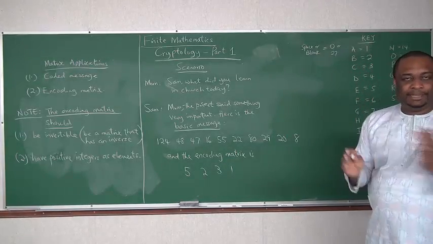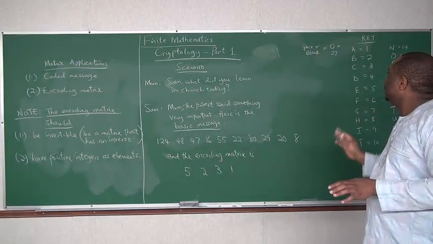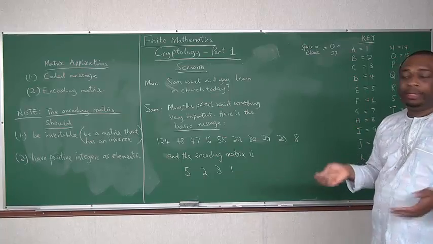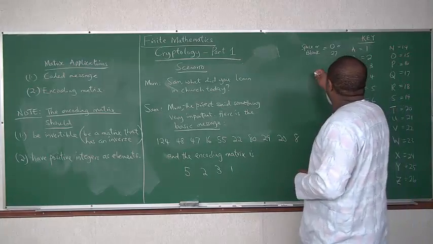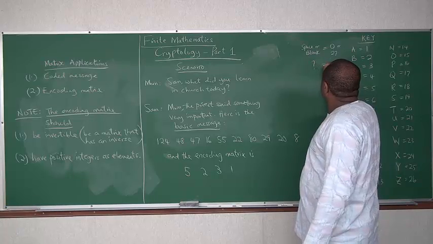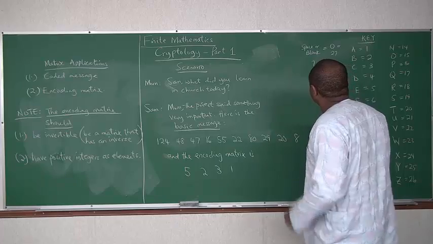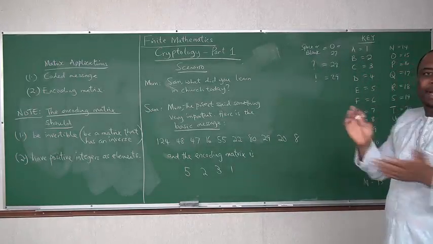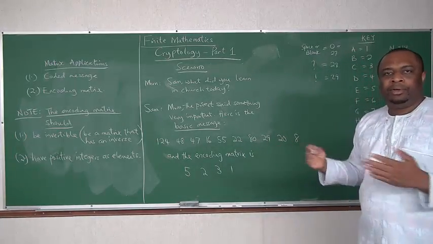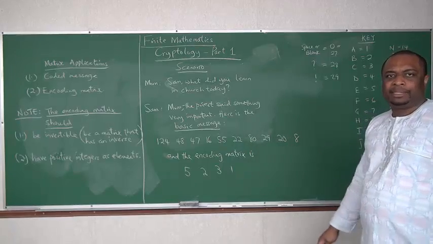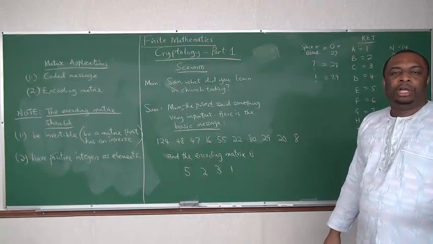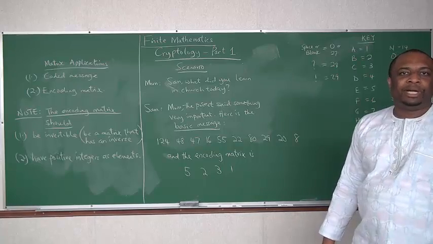When you want a space in the message, you put 0 or 27. And if you want a question mark, this will be 28. If you want an exclamation mark, this is 29. It depends on what you want in the key. You can put several punctuation marks in the key to make it more complicated for someone to decode.